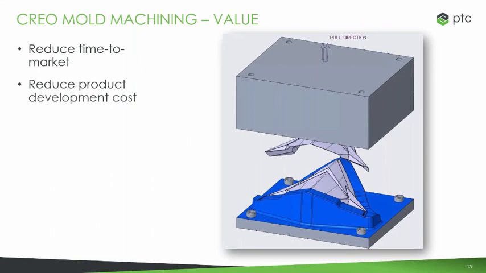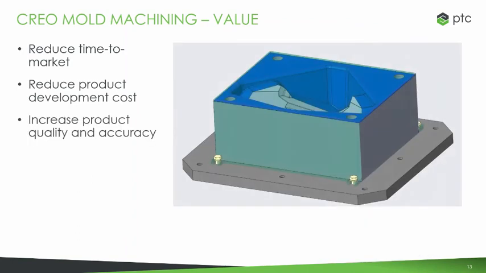We're also able to reduce the product development costs for a lot of our customers with this tool. There's less error, there's higher efficiency. This all works for a better efficient development, as well as increased product quality and accuracy. When you have control over the whole thing and you have more time to focus on the areas that need extra attention, you're really going to be able to increase the quality and accuracy that you're able to create with this mold.